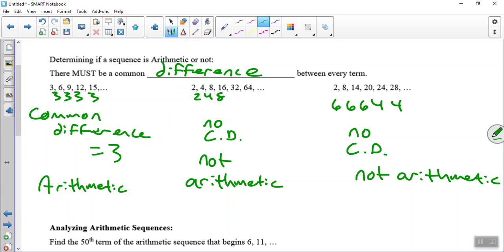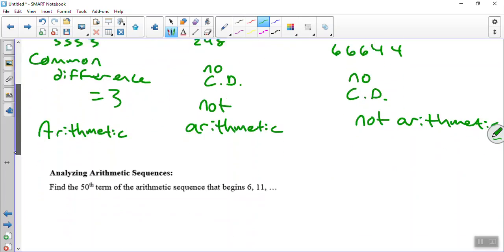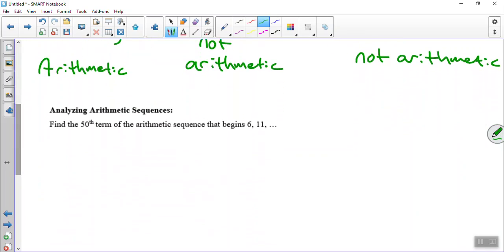Okay? So let's analyze. We're just going to give you part of the sequence, and you're going to find the rest. So the first thing you've got to do is find the difference. The difference here is 5. I'm telling you it's an arithmetic sequence, so you know there has to be a common difference.